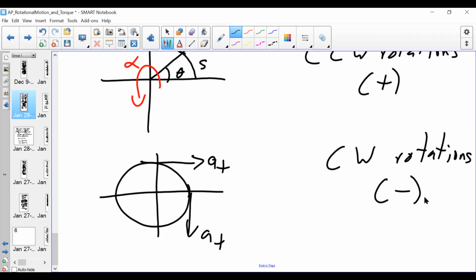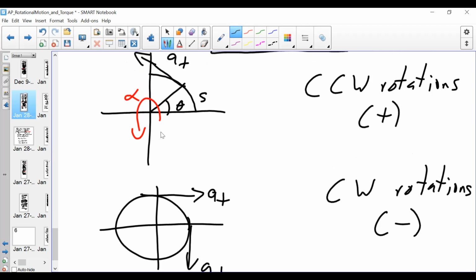So anything with the angular quantities, where there's angular velocity, acceleration, torque, angular momentum, if that angular quantity is undergoing a counterclockwise rotation, that means that quantity is positive. Counterclockwise, positive angular acceleration. Clockwise, that's going to be considered negative.